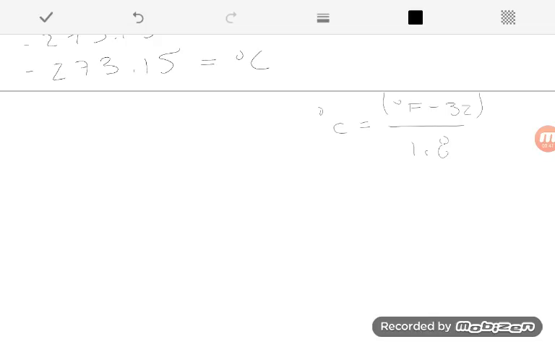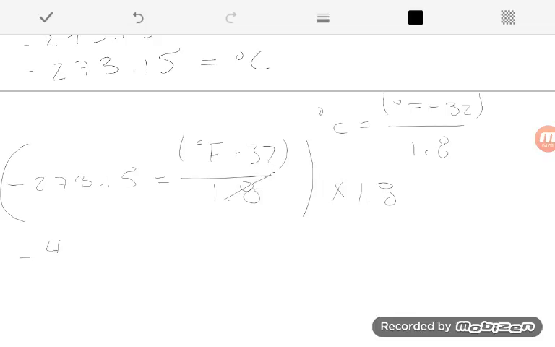So just like we did before, we're going to plug in what we know, which in this case is the degrees Celsius, and that's equal to degree Fahrenheit minus 32 over 1.8. We want to get rid of this 1.8, so we're going to multiply both sides times 1.8. So that'll cancel on the right side, and on the left side we will get negative 491.67, and now we still have this piece on top, so that's equal to degree Fahrenheit minus 32.